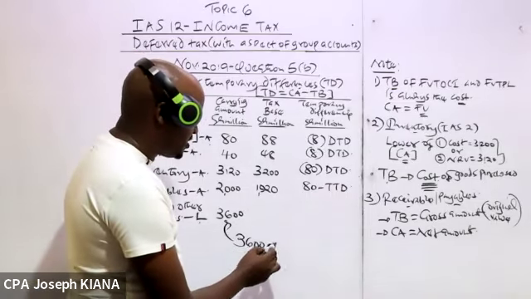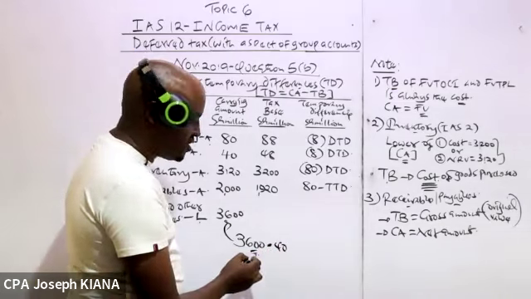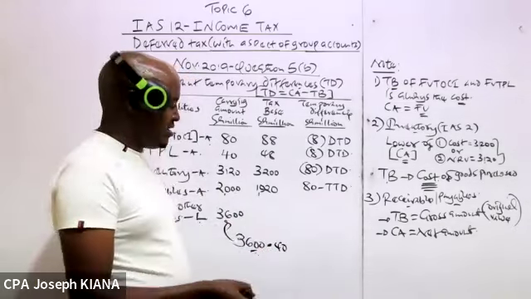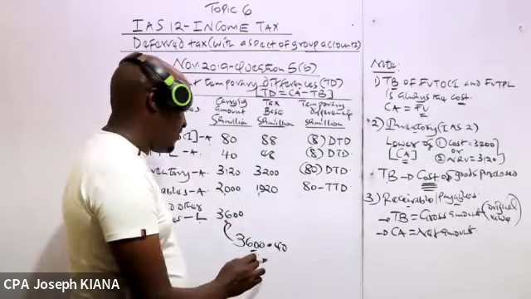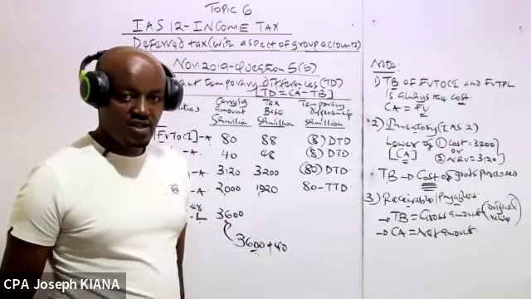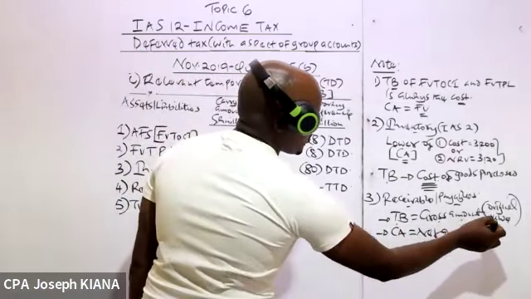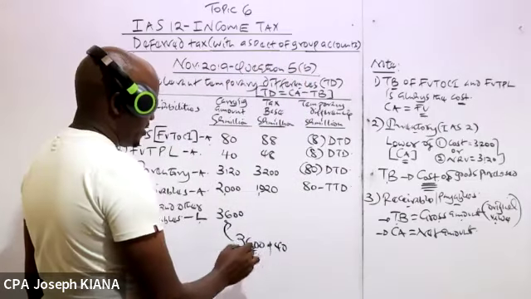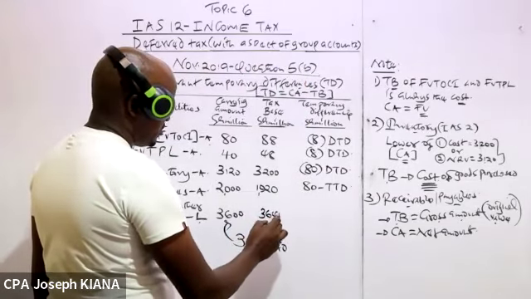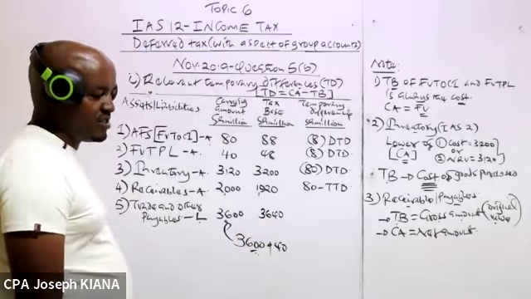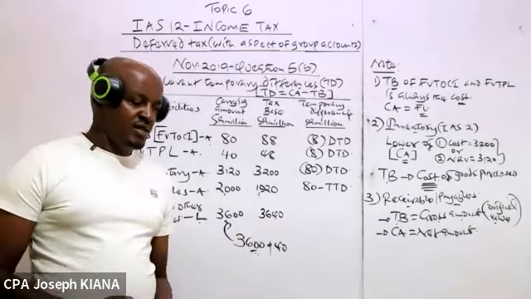So the company had deducted what? 40. So how do we get the original figure? For payables, to get the original figure, we add back 40, because the tax base is equal to the gross amount of the original figure. So therefore, this one would be 36 plus 40, 76. Yes, that's how we determine the tax base.